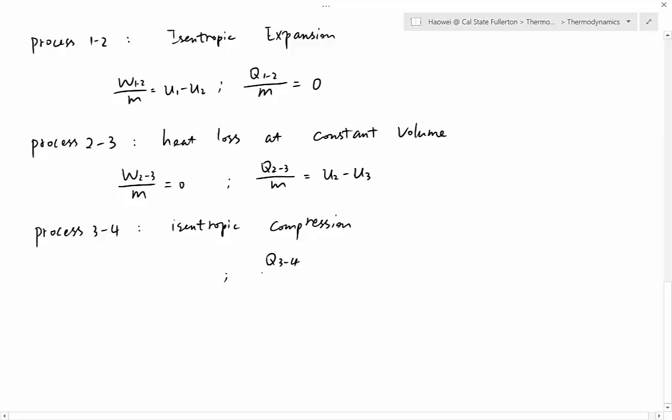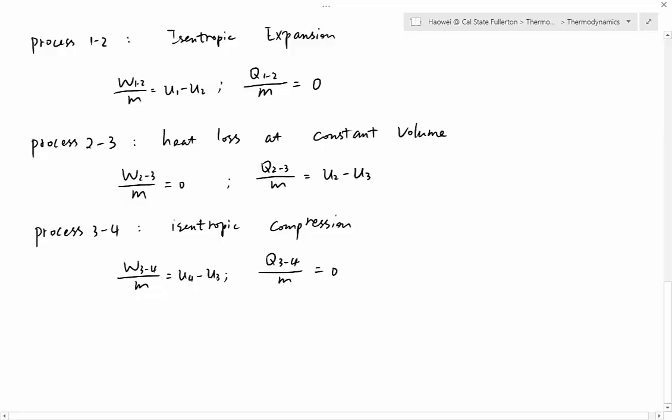Heat transfer must be equal to 0 because it is isentropic, and isentropic means it is adiabatic plus reversible. Adiabatic means no heat transfer. And now we have heat transfer, we're looking for work. Again, use the first law of thermodynamics. W34 over m from first law is u4 minus u3.